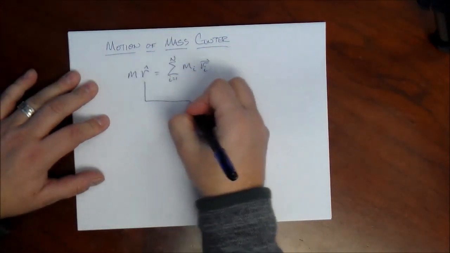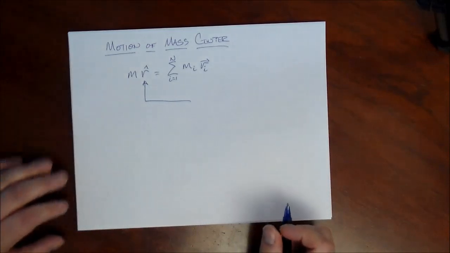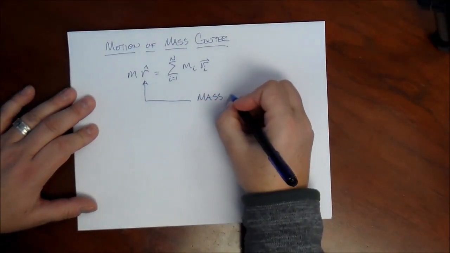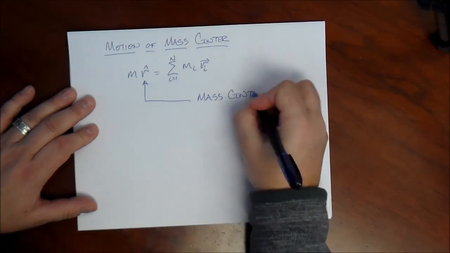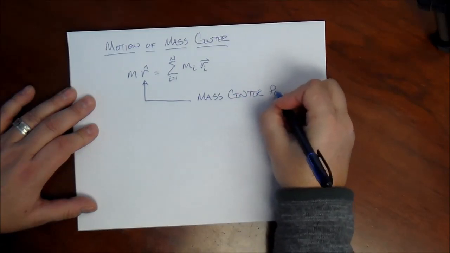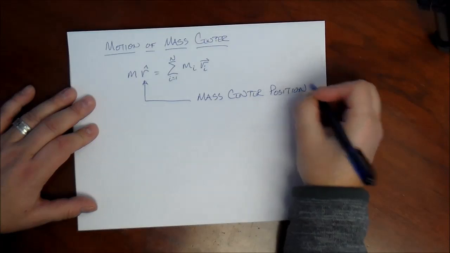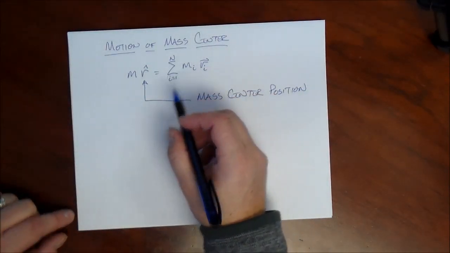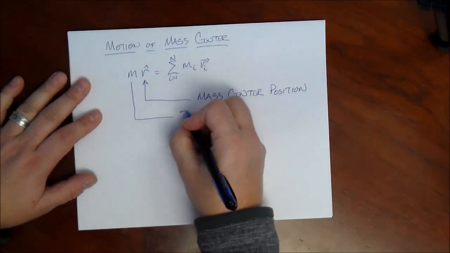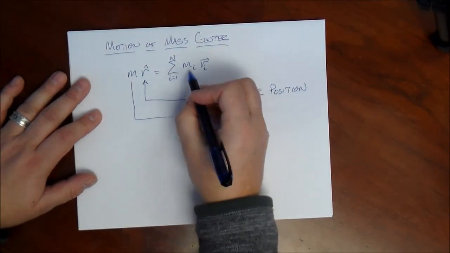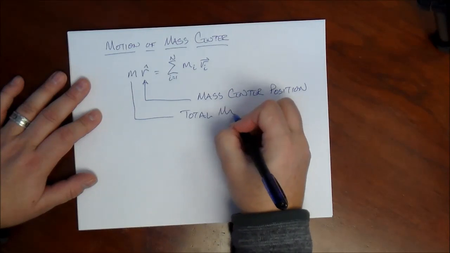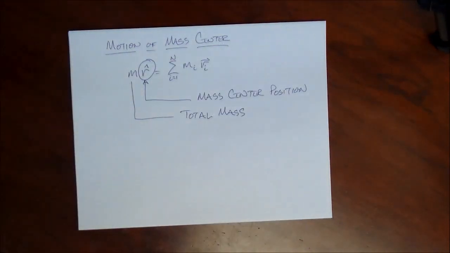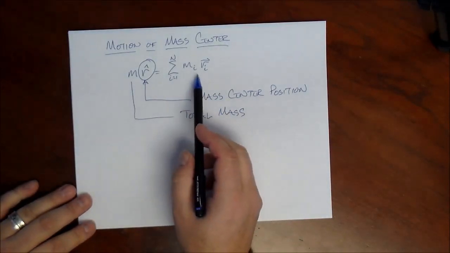So r hat, this is the position of the mass center for the system of particles, also called the center of gravity. And the r sub i is the position of each mass m sub i, and this M is the total system mass, so the sum of all m sub i's. And so usually what we're trying to do is find this mass center, and we find it through this definition.